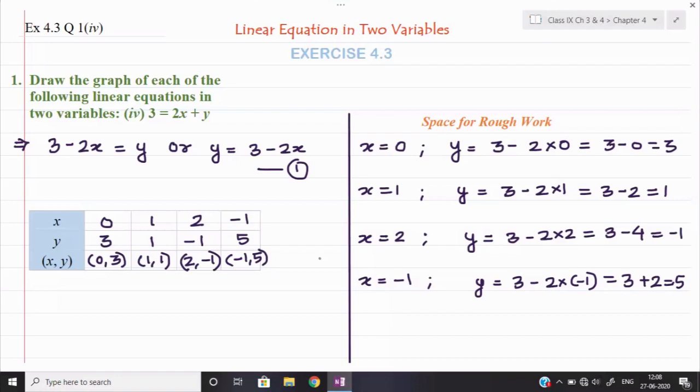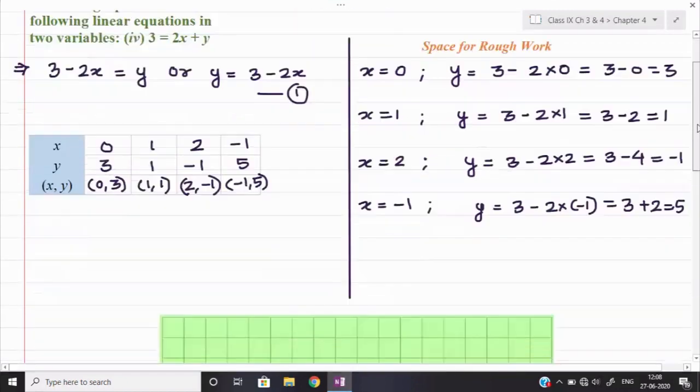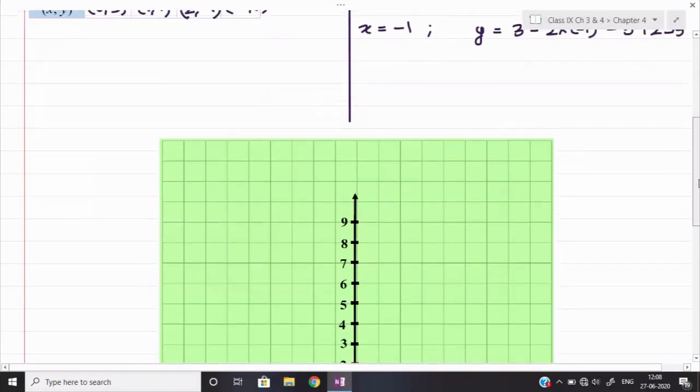Wherever it is not possible, we'll take some decimal value also, but that will be the rarest of the rare case. Now let us see how we can plot these values onto the graph paper. So first of all, we shall write down the scale onto the graph paper. Okay, so here scale is same as whatever we have taken. The scale will be 1 centimeter is equal to 1 unit.